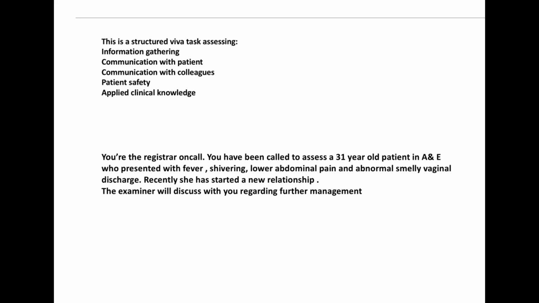Going down to the other items of the history, we need to rule out any allergies or hypersensitivity reactions, because usually these kinds of patients need a long course of antibiotics, so we need to know about their allergies.